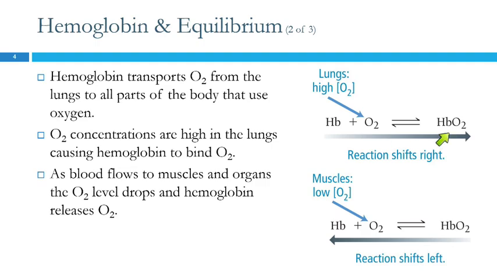When we think about an equilibrium, there's a balance. And when we upset the balance, the reaction will shift. So there was a balance between hemoglobin and free oxygen and hemoglobin bound to the oxygen. In the lungs, we've increased the concentration of oxygen. I like to think of the equilibrium as kind of a spoiled child.